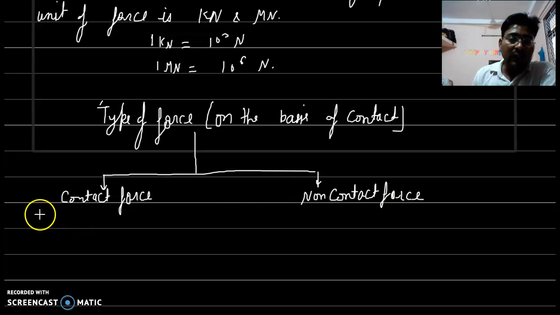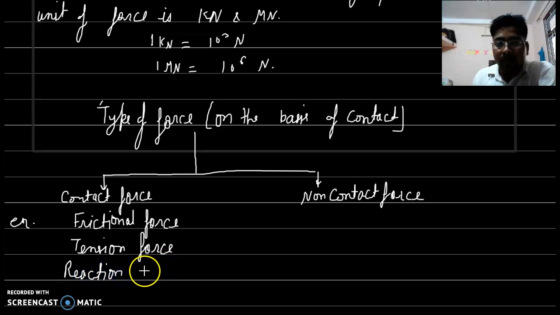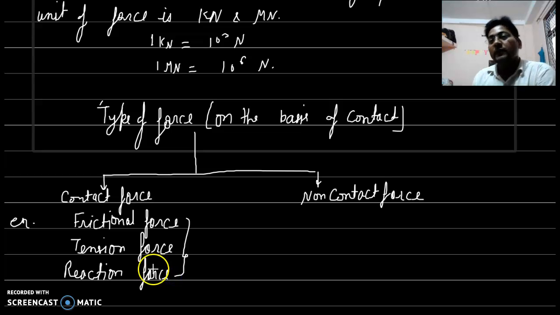So first example of contact force is frictional force. Second example is tension force. And third example is reaction force. In these three type of force, there is a physical contact between the two bodies.